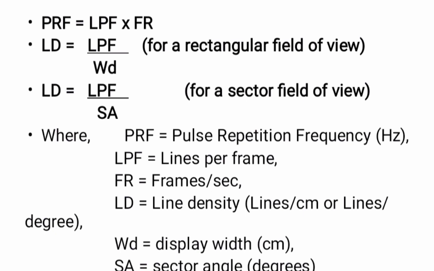And LD, that is line density, is equal to lines per frame over display width, for a rectangular field of view. Well, for a sector field of view, line density will be lines per frame over sector angle in degrees.